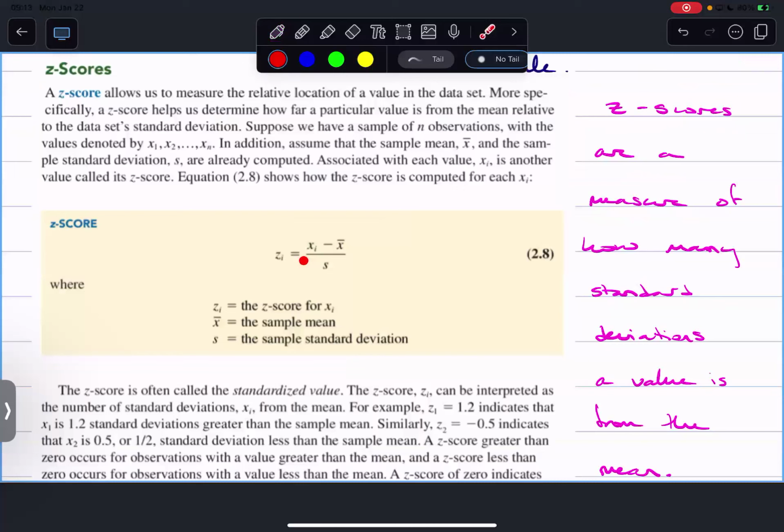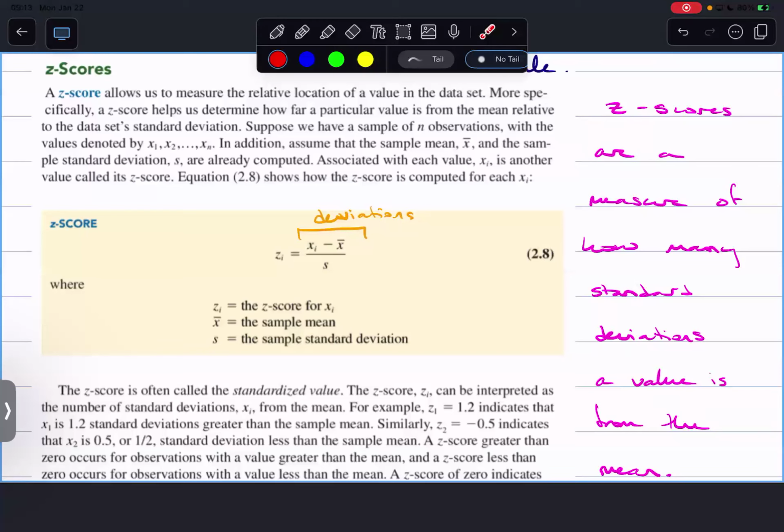So we can calculate Z-scores for each observation in our data set, because I've got Xi minus X bar. That takes us back to the deviations. And then I can divide by S to see how many sample standard deviations it is away from the mean.